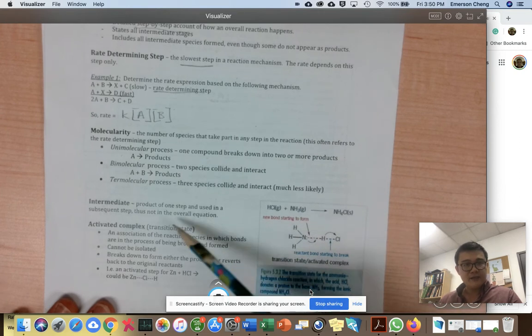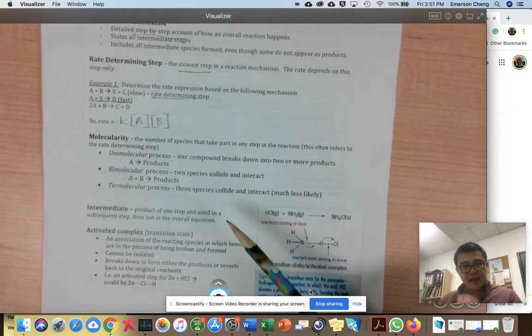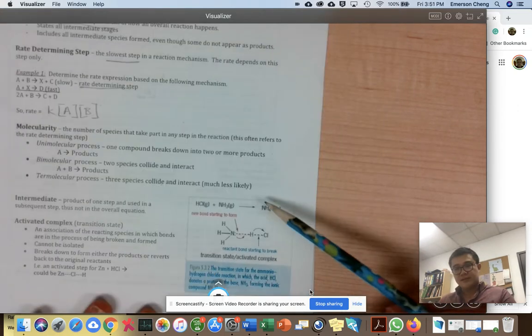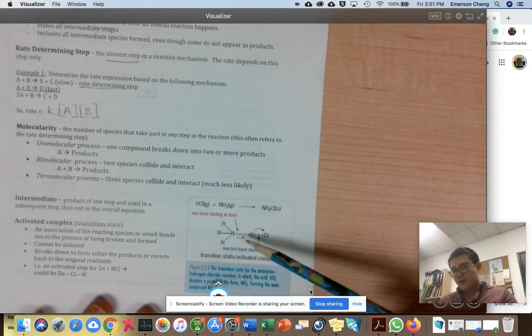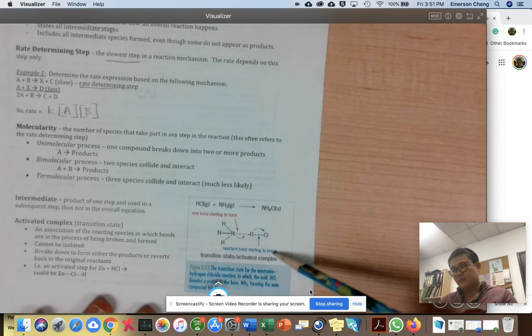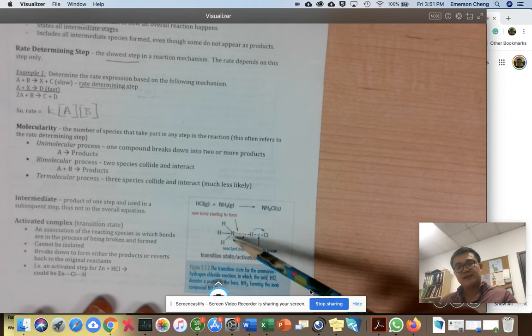Activated complex and intermediates, we talked about it in class. An activated complex is a transitional state. It's high energy, it's highly unstable. This is an example of that. When these two molecules collide, you have an activated complex or transition state like this, where there's a temporary bond between this hydrogen and this nitrogen.